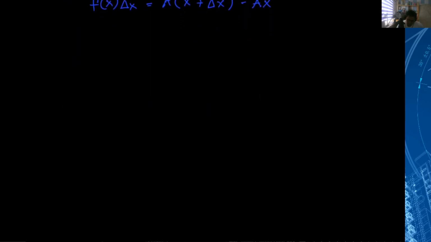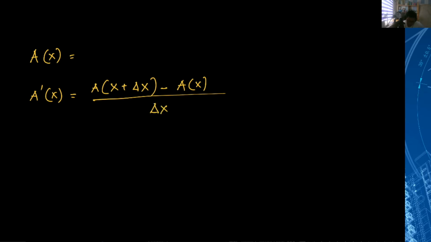Okay, so recall your limit definition of derivative in your bridging program. I already discussed that. So if you have a function A of x, what is the derivative of this? The derivative is A prime, that would be A of x plus delta x minus A of x over delta x.